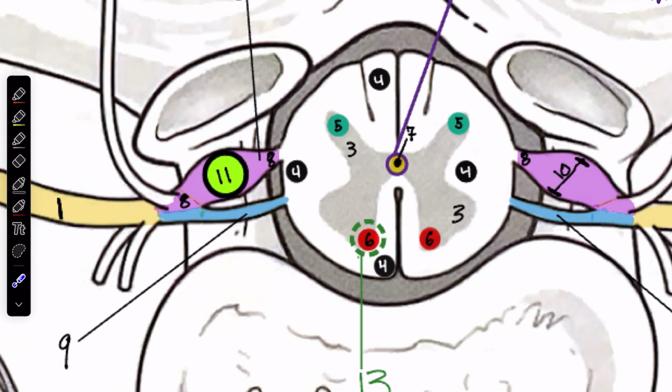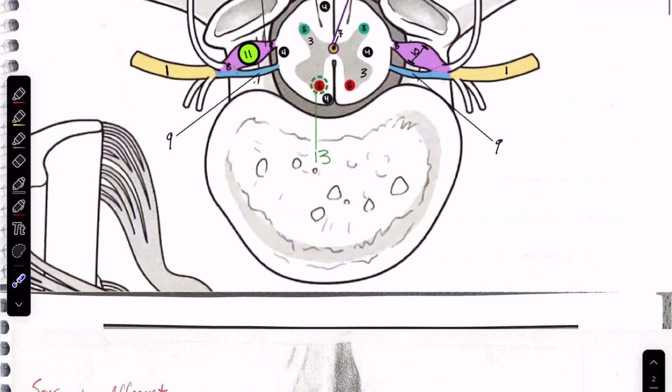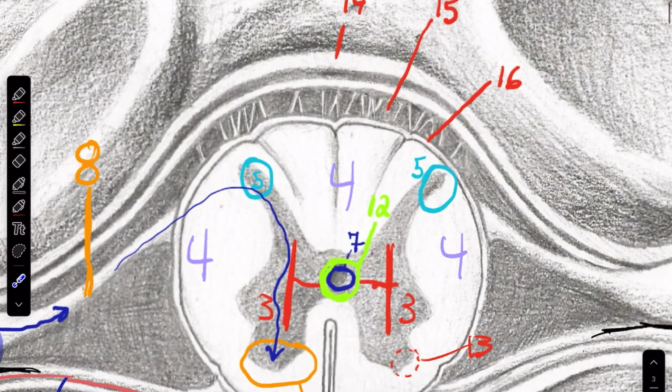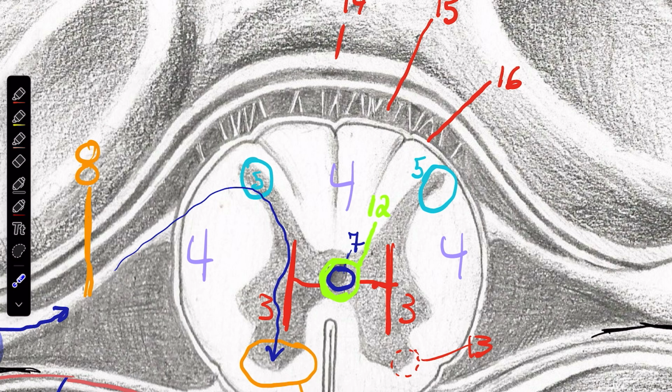For 14, 15, and 16, we're going to scoot down to this other picture just because it actually has it in here. So we've got our endosteal layer and then meningeal layer.